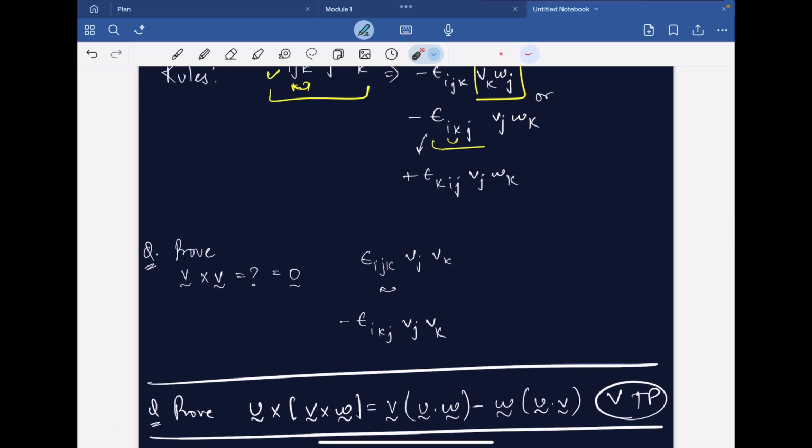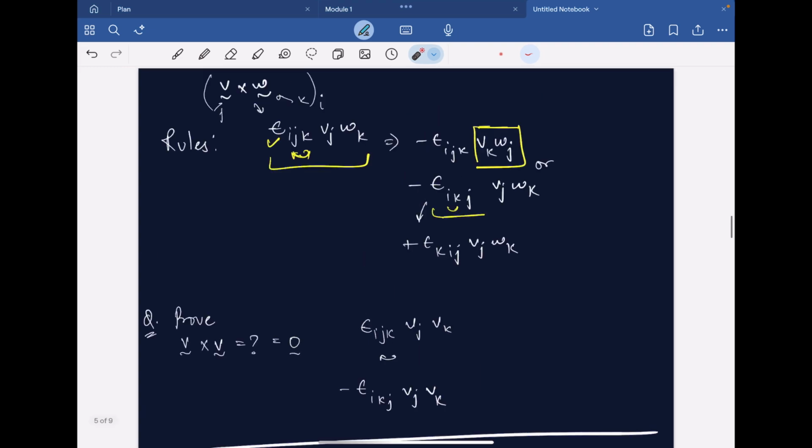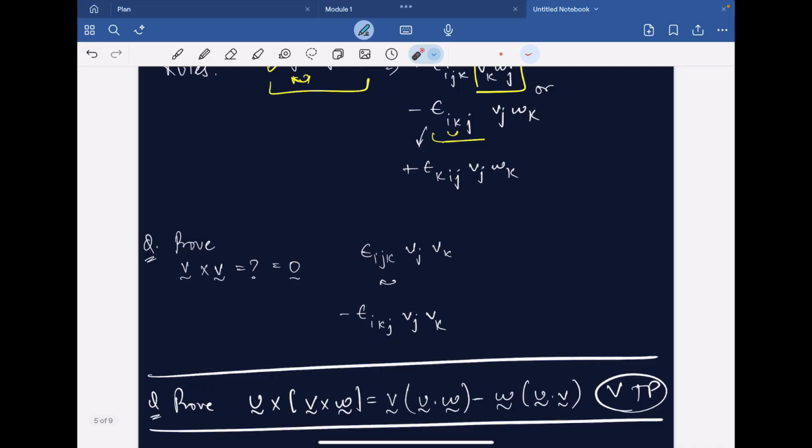For example, if you want to prove that the curl of a cross product of a vector with itself is 0, by doing this twisting and turning, you can show that it's quite simple. So you have epsilon ijk vj vk, meaning you apply j here, you apply k, and overall you give i. You switch the index between j and k, so you make it minus epsilon ikj, and you leave the other one alone, because you can't do two at the same time.